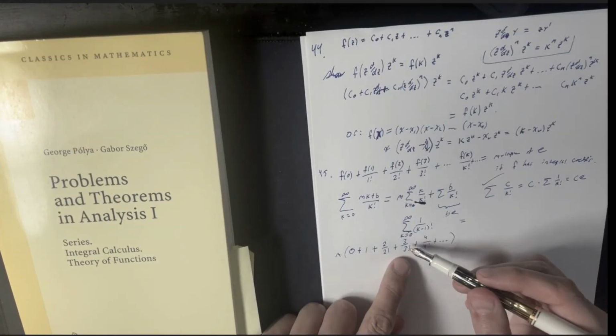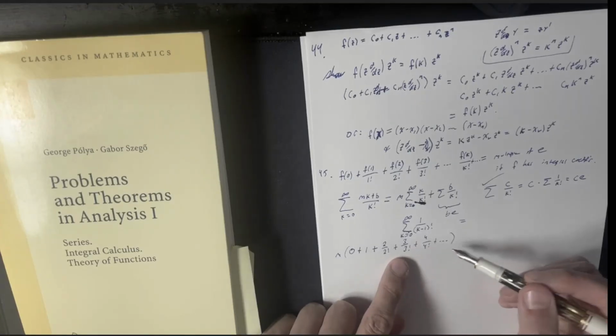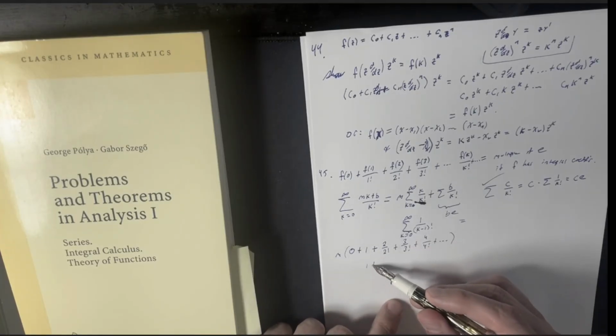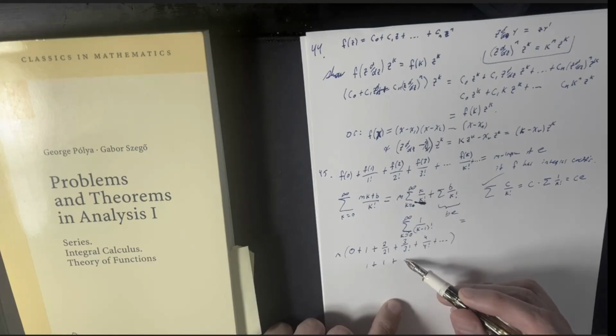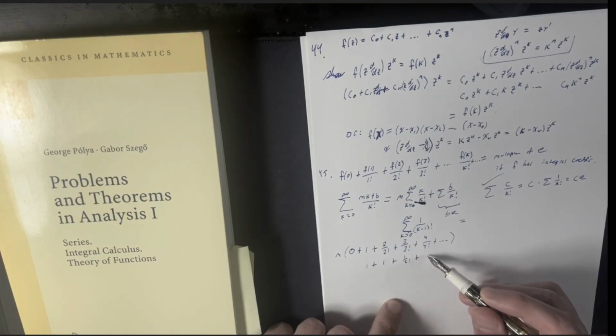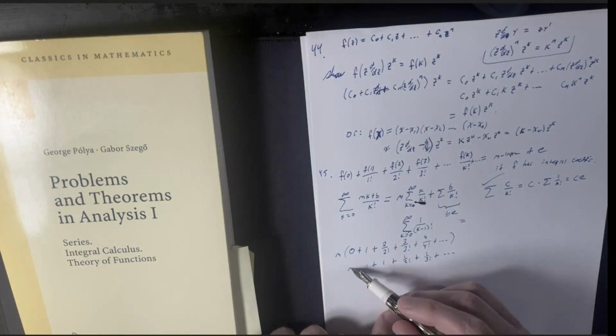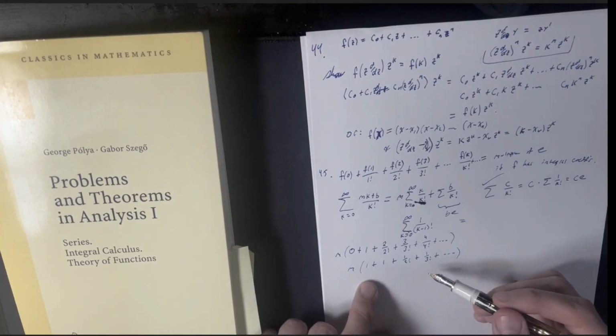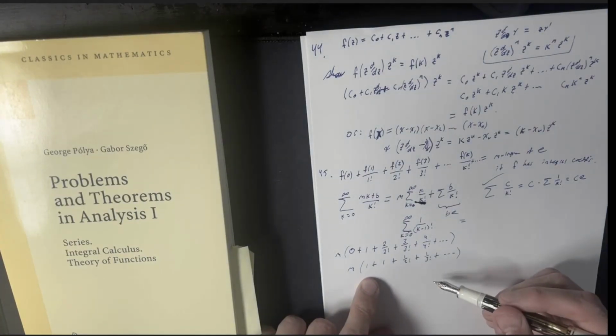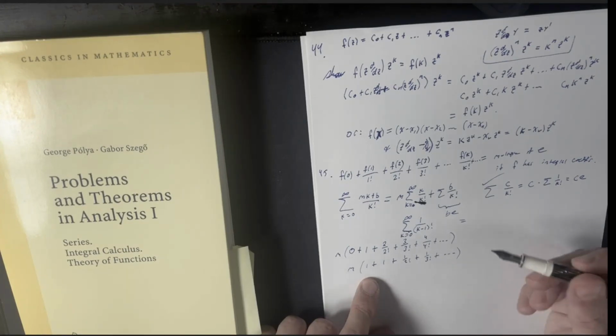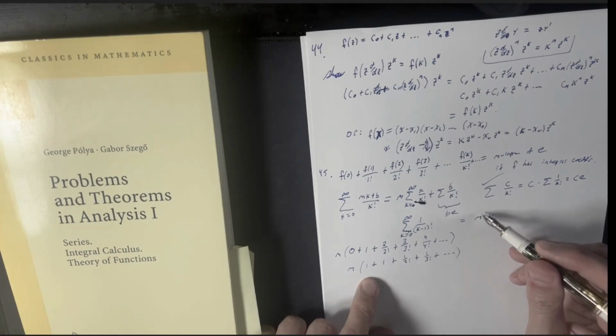But anyway, these do cancel and give you the same series. It gives you 1 plus 1 plus 1 over 2 factorial plus 1 over 3 factorial plus and so on, which is the usual series for e. So I do get m plus be.